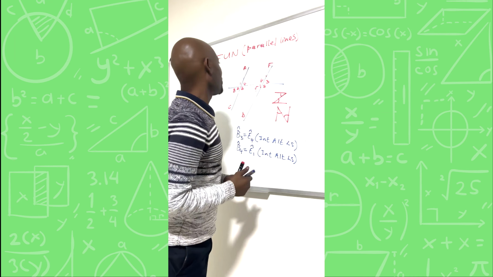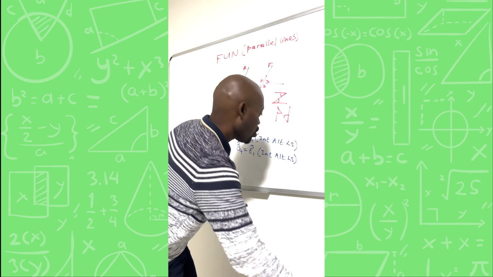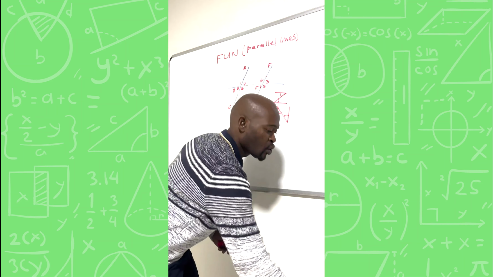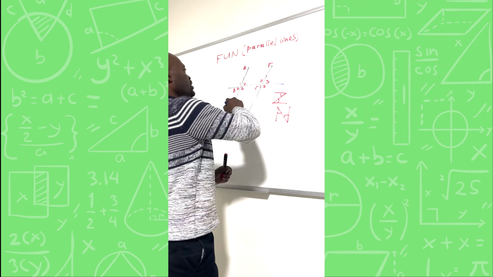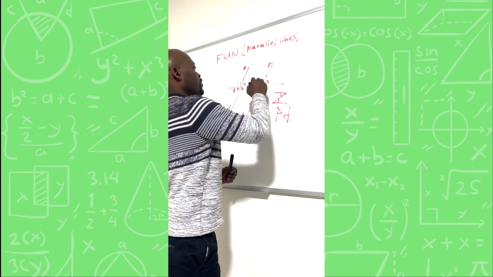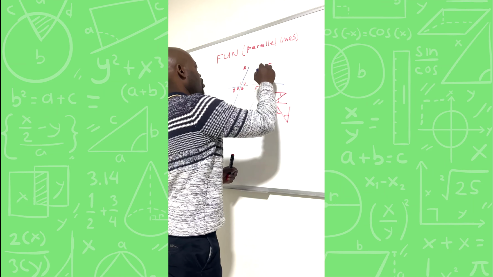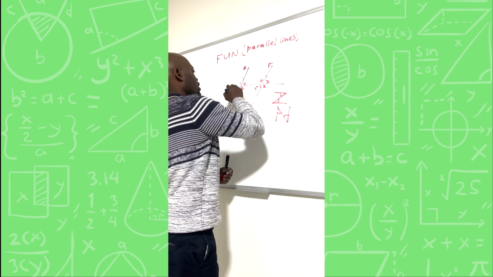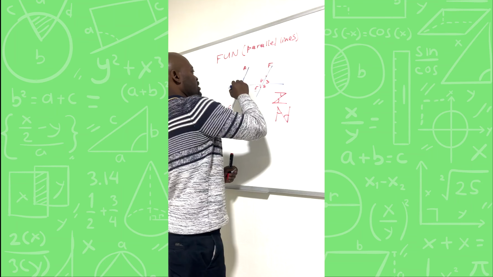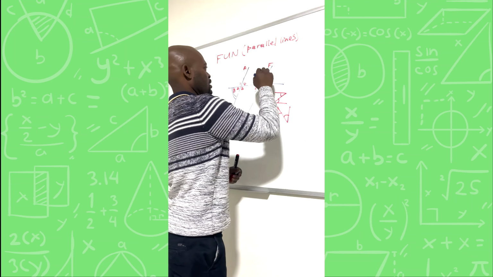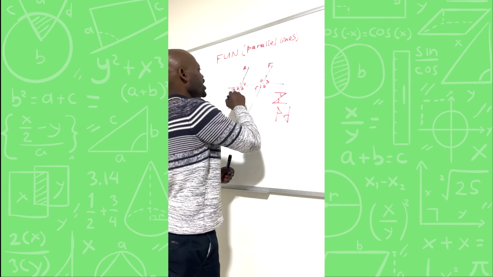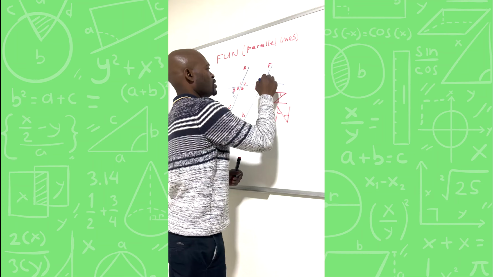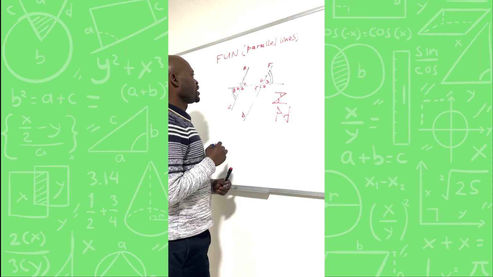For us to talk about exterior alternate angles, we're still looking at the Z. There's my Z. So it means that this angle there is equal to this angle there.